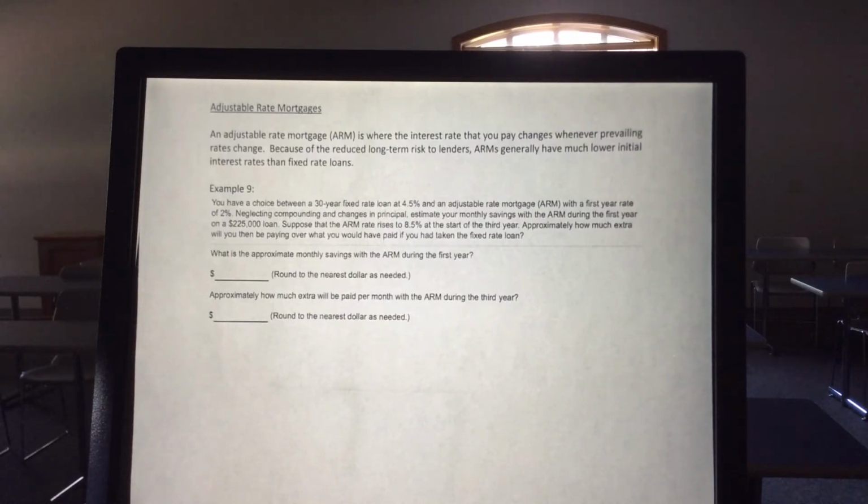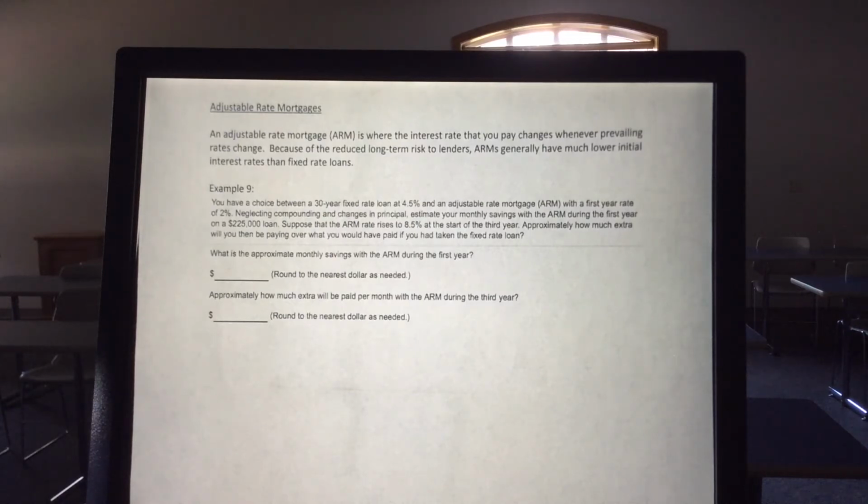Okay? So in example 9, let's say we have a choice between a 30-year fixed-rate loan of 4.5% and an adjustable rate mortgage with a first year at 2%. Neglecting compounding and changes in principal, estimate your monthly savings with the ARM during the first year on a $225,000 loan.